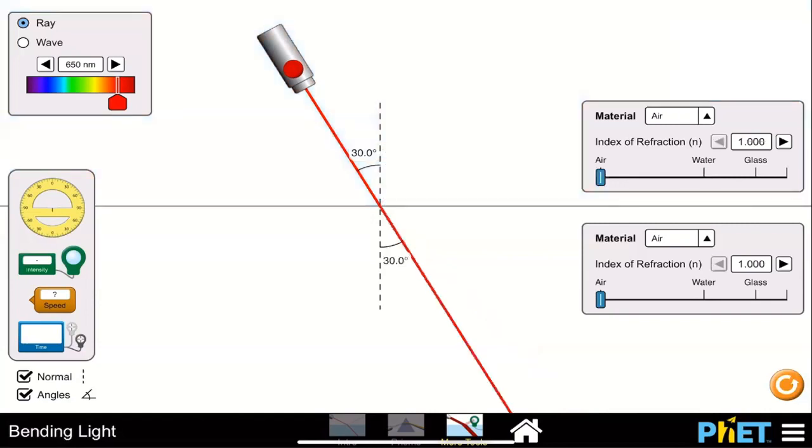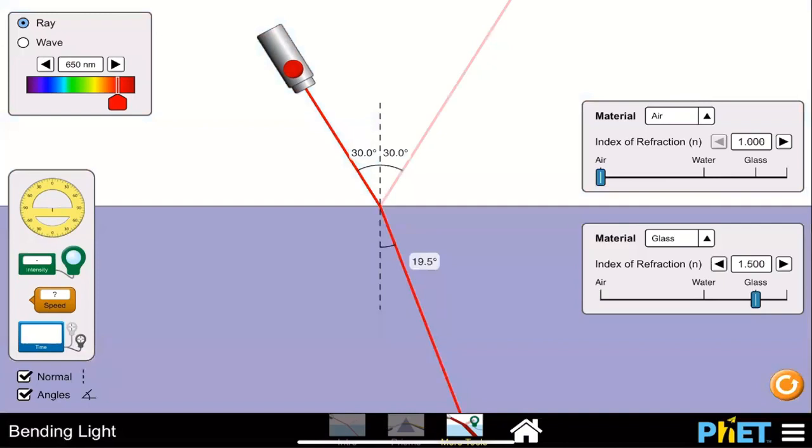So we change now again from air. So we have air to glass. So our angle of refraction is 19.5 degrees. So again, this is air moving to the glass. The light coming from our light source is coming from the air moving into the glass with an angle of refraction equal to 19.5 degrees. So we're going to change again our material for the first one.